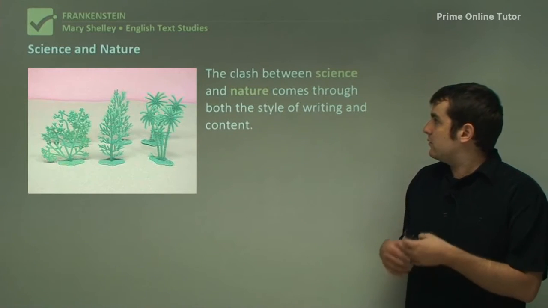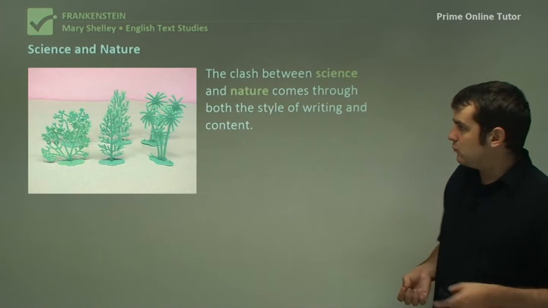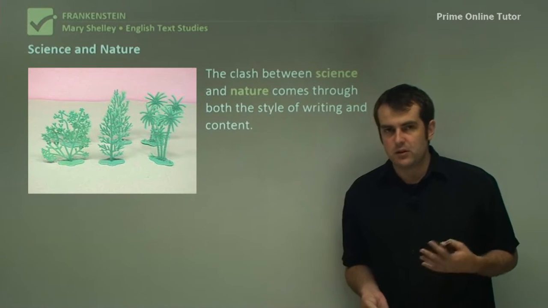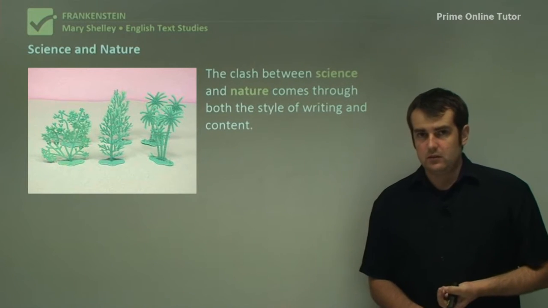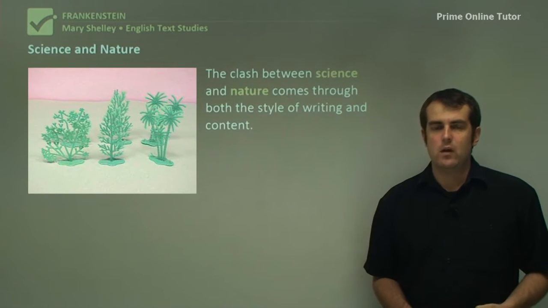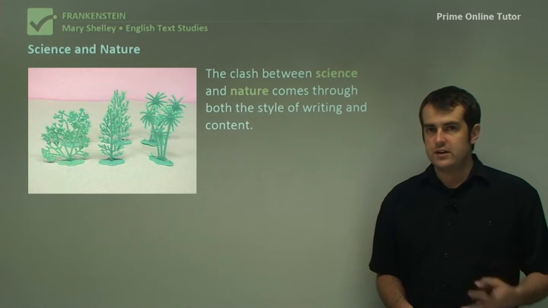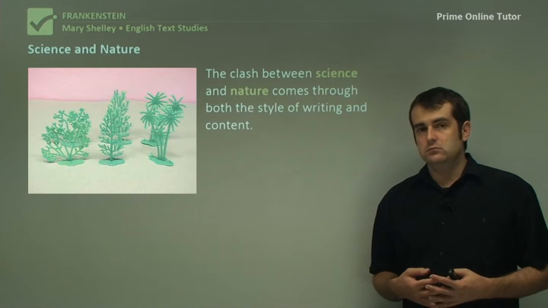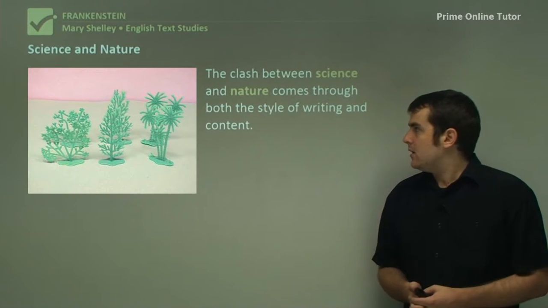So science and nature is another key idea in the story, and when you're focusing on this, you're probably going to be focusing a lot on the debate about whether people should be contributing to changing nature, using science to make it better, so to speak.